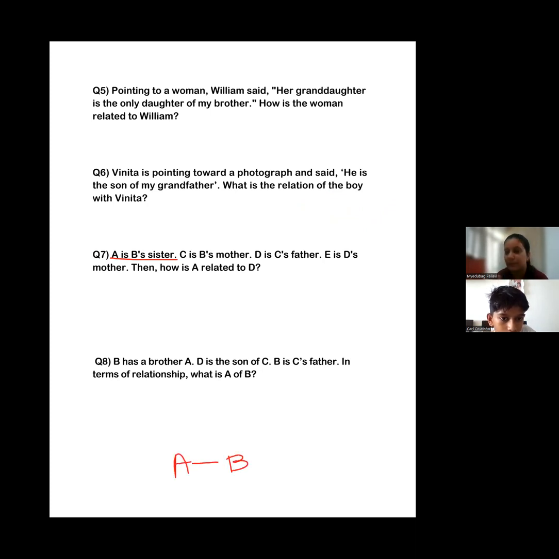So we'll put a straight line horizontally. And A is B's sister, that means A is minus. Then C is B's mother. So B's mother will be one generation up. C is B's mother, so we'll put a minus sign on C. Then D is C's father.